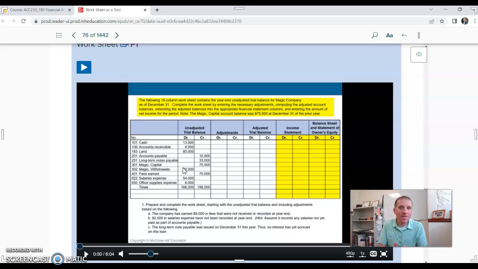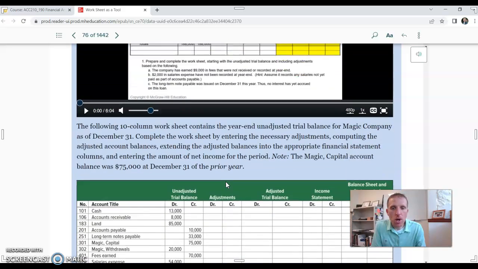That reflects the insurance that lapsed, or got used up, for a given period of time. So we start with our unadjusted trial balance, post our adjustments, and then work those adjustments into our adjusted trial balance.